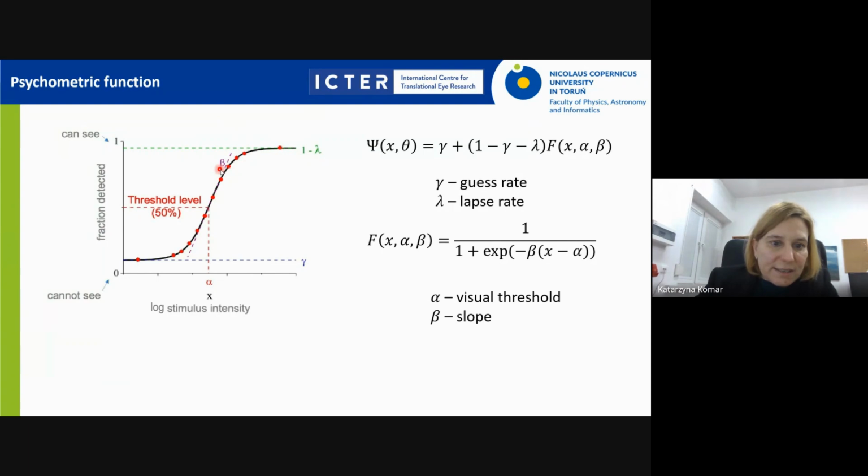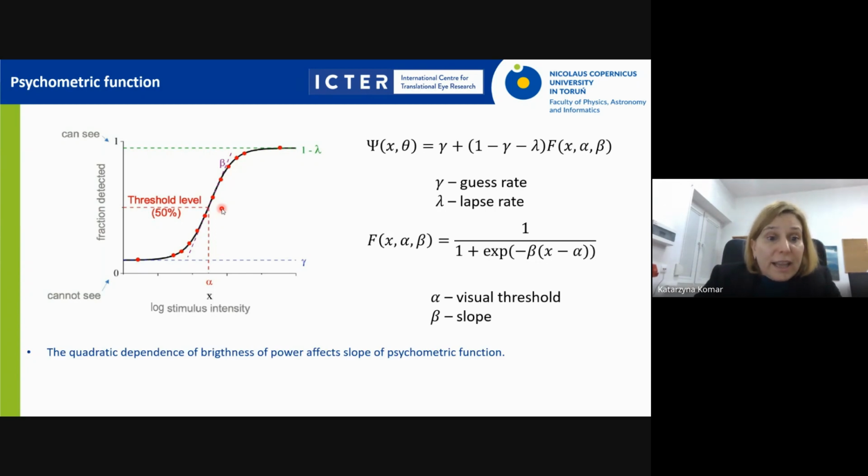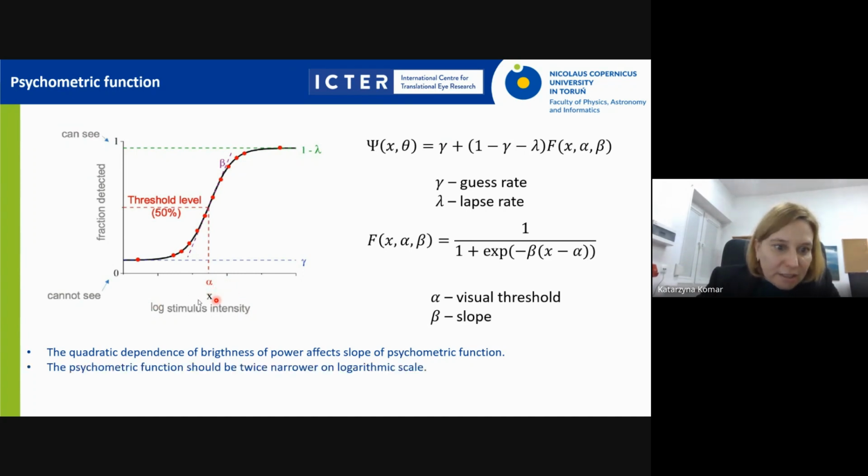Beta is the slope, and it defines how narrow this function is. When we have a quadratic dependence of brightness on power, it affects the slope mainly, because here we have the logarithm of stimulus intensity. So basically, theoretically, the psychometric function would be twice as narrow on this scale.